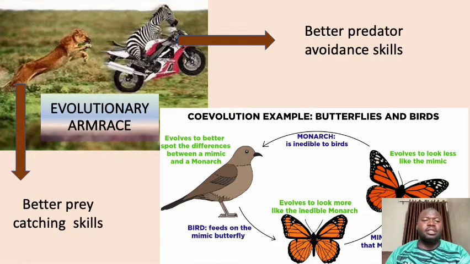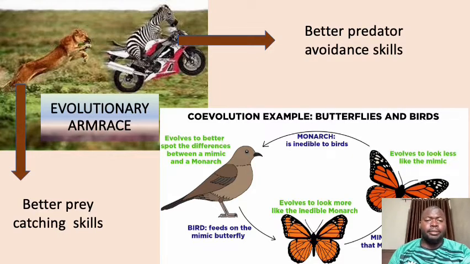So each exerts strong selective forces on the other, and this can lead to what is referred to as co-evolution.